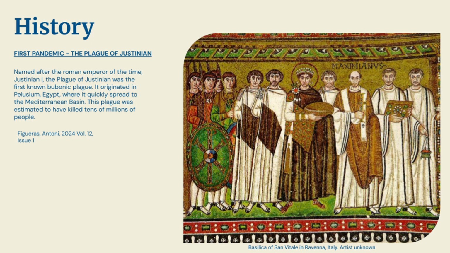It originated in Pelusium, Egypt, where from there it spread into the Mediterranean basin. It's estimated that it killed tens of millions of people. This pandemic started in the year 541, and it lasted a little over 2 centuries.